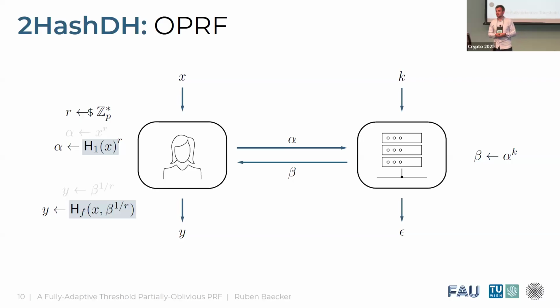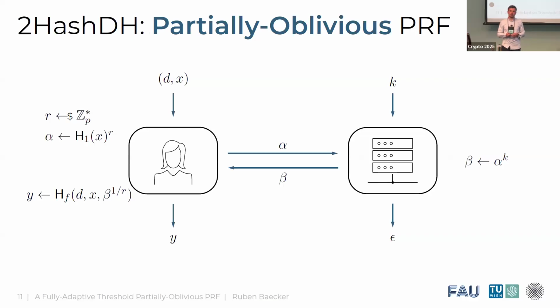Now we want the partially oblivious part. And we can actually leave the part about the private input just as before. We just have to somehow incorporate the public domain that we added. So what changes? First of all, the client sends the domain in plain to the server together with the blinded input. And then the server, before raising it to K, computes a bilinear pairing to combine the blinded value together with the public domain.